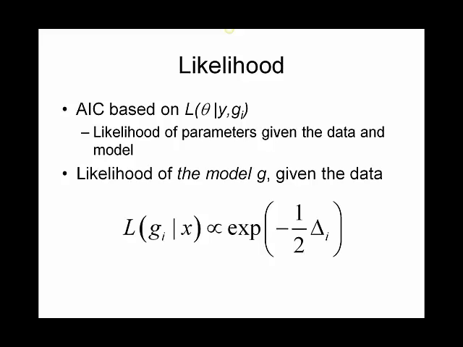And that expression ends up looking something like this. The likelihood of the model g sub i given our data is proportional to e to the power minus 1/2 of delta i. So, because this is a declining negative exponential function, the larger the delta i, the lower the likelihood of the model g given the data.